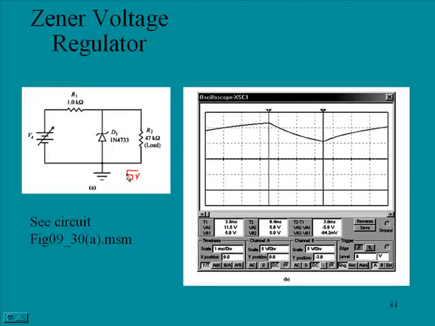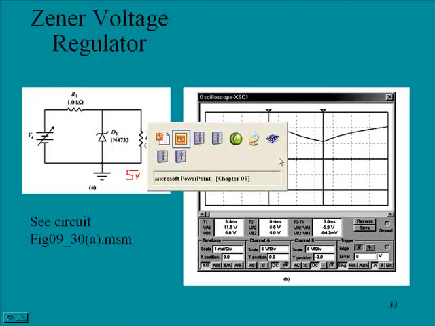In fact, it must be above 5 volts for this to work. But the Zener will begin to conduct, and it's going to conduct in the reverse region, and it will conduct at 5 volts. And regardless of what this voltage is over here, it will stay at 5 volts, and it will make sure that a 5-volt value is delivered to the load over here. And then this is a screen save from the simulation.